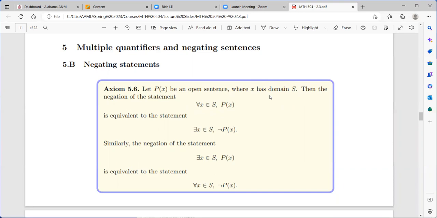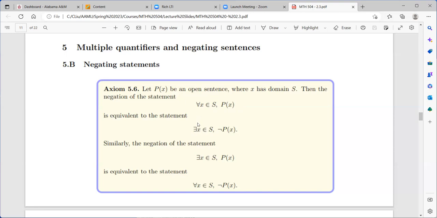All right. So suppose we have the statement for all x in S, P(x). So that's a statement because we specified x in S. So if you try to negate this statement, you would change the universal quantifier into the existential quantifier.